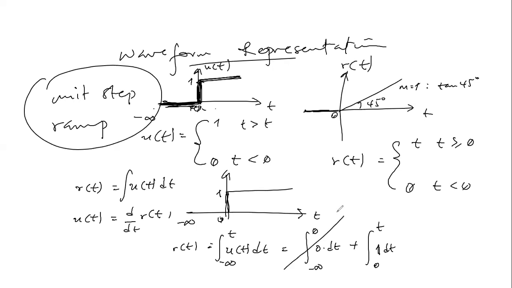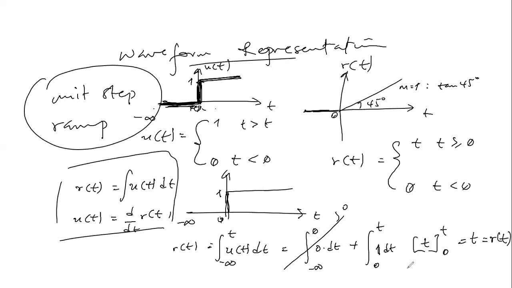So the first part reduces to 0, so there's nothing to integrate there. If we integrate 1, it gives us t, taking on values from 0 to t, which is the same as t. And that is a ramp function, r of t, which validates what we just placed here, right?